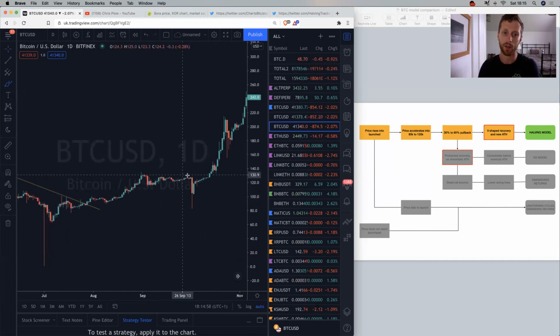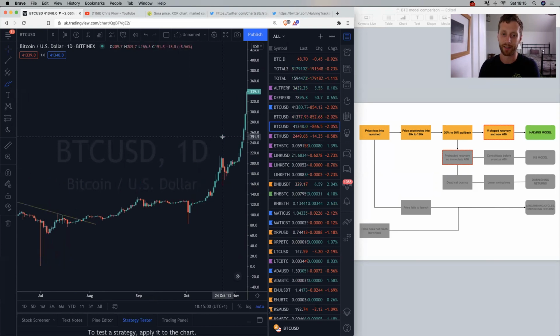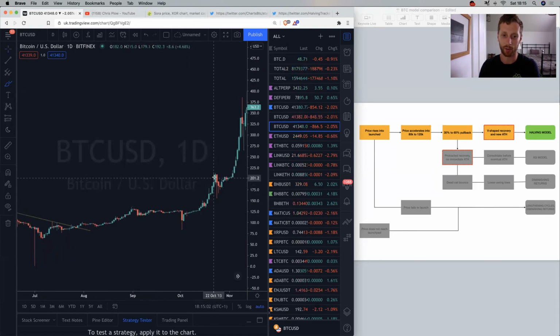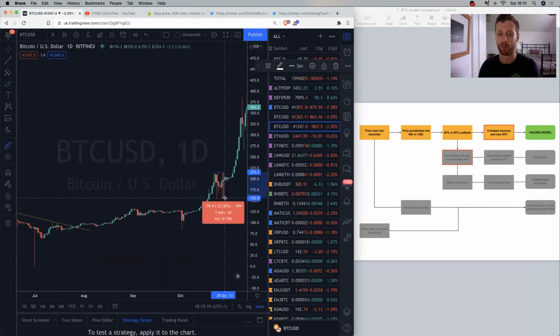And then from then, we went up quite quickly, or very quickly, took out the all-time high, and then had this correction, which lasted, well, in some ways it lasted 1 day. And the correction was, let's measure that out, correction was 27%.